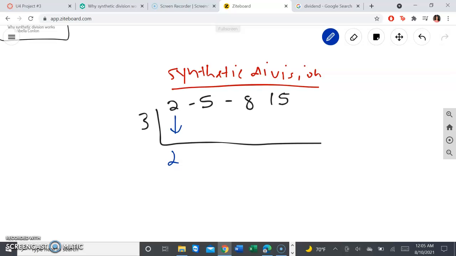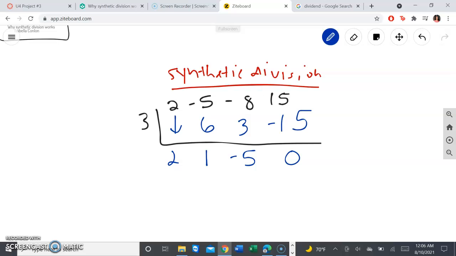So 3 times 2 will give us an answer of 6, and then negative 5 plus 6 will give us 1, and then multiplying the 3 by the 1 will give us a 3, and then negative 8 plus 3 will give us a negative 5, and then 3 times negative 5 will give us negative 15, and then negative 15 plus 15 will give us 0.